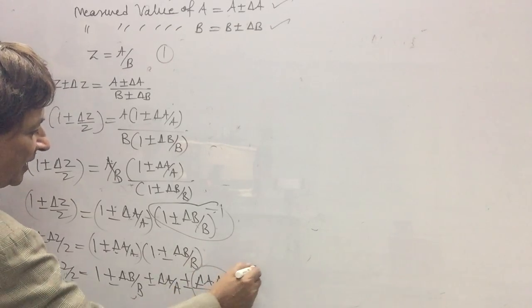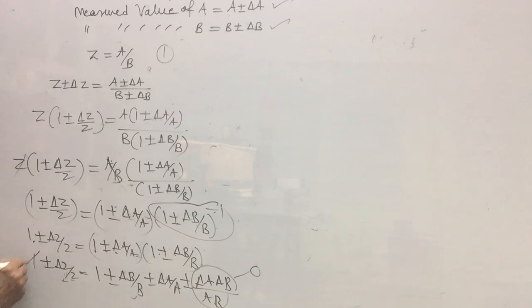So this can be neglected to 0 because they are very very small. One gets cancelled. So what you find? Plus minus delta Z upon Z, plus minus delta A upon A, plus minus delta B upon B.